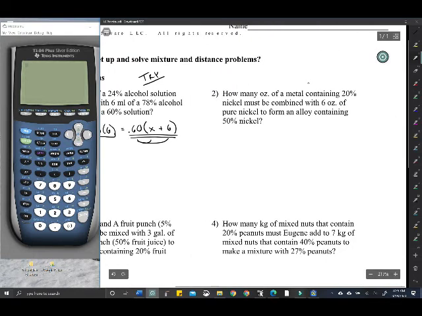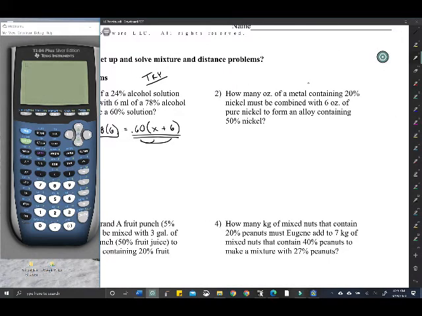Number 2, how many ounces of a metal containing 20% nickel must be combined with 6 ounces of pure nickel to form an alloy? So remember, if it's pure, that means it's 100%. Pure is 100% nickel in this case. So ounces of a metal containing 20% nickel.